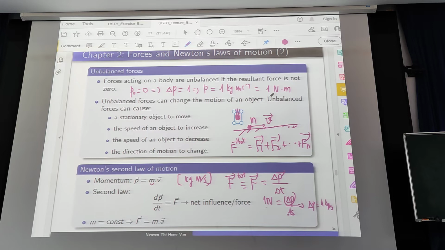That is the meaning of the force. Okay? Before, maybe you knew the force acts on the object, but how can you quantify the big force and the small force?